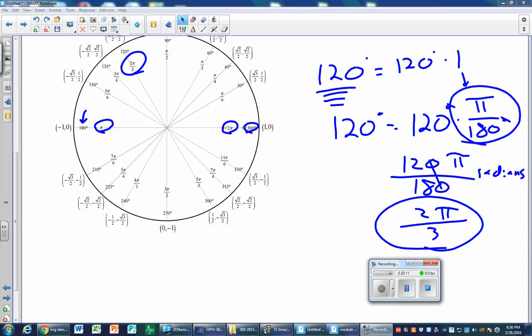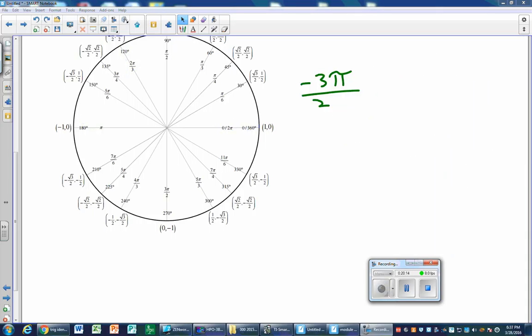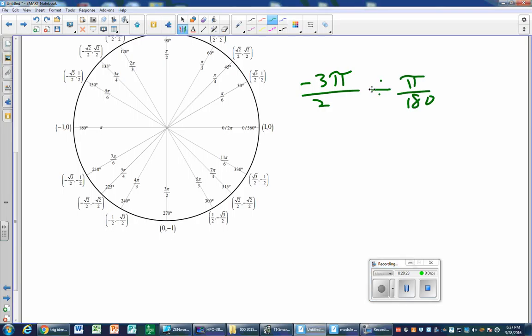I'm about to erase it, and it's gone. So let's say I have something in radians and I want to turn it into degrees. Well, why don't I just divide by pi over 180? I multiplied by pi over 180 to get from degrees into radians. Now I'm going from radians into degrees, so I just divide. Well, that doesn't look like what the book is doing.